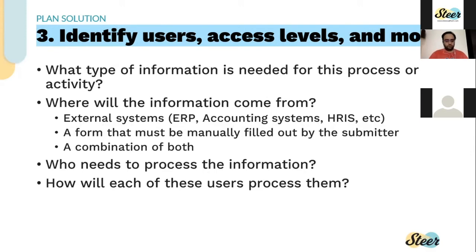So you need to ask what kind of information each user needs to process or think about. We also need to think about what information they would need to provide as input, for example.